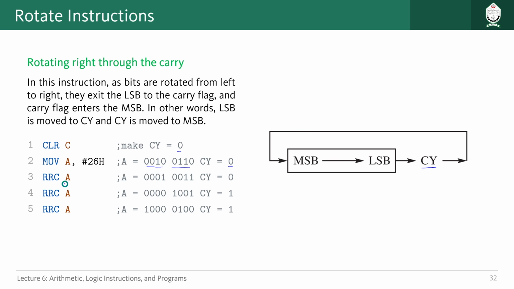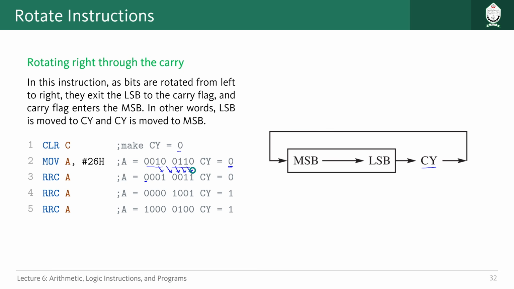If I use RRC A, rotate right with carry once, what will happen? Every bit will shift to the right, carry will also get modified. So what happens? This 0, previously this will come here, right? But all the bits we see are rotating to the right by 1 bit, something like that.